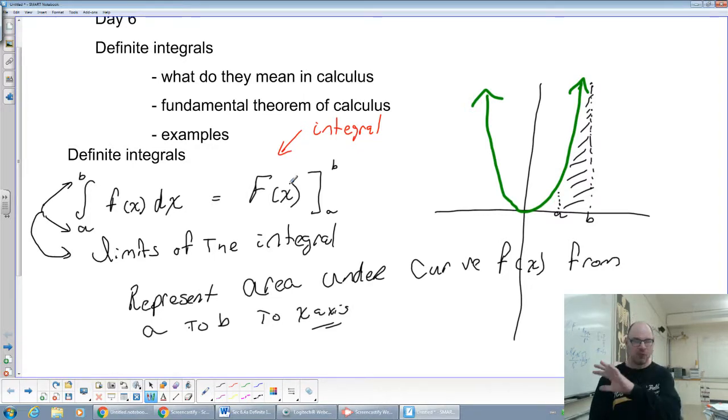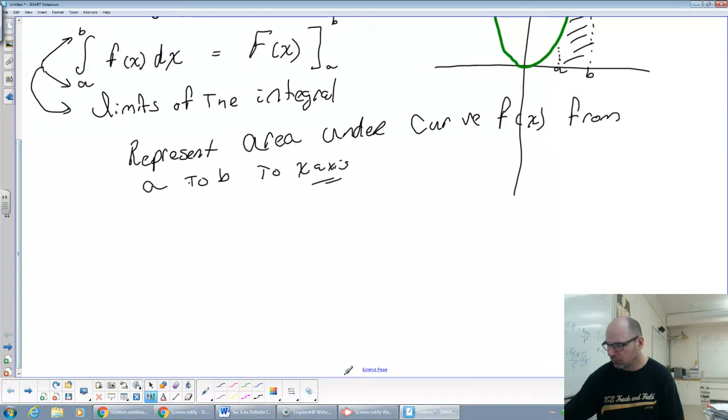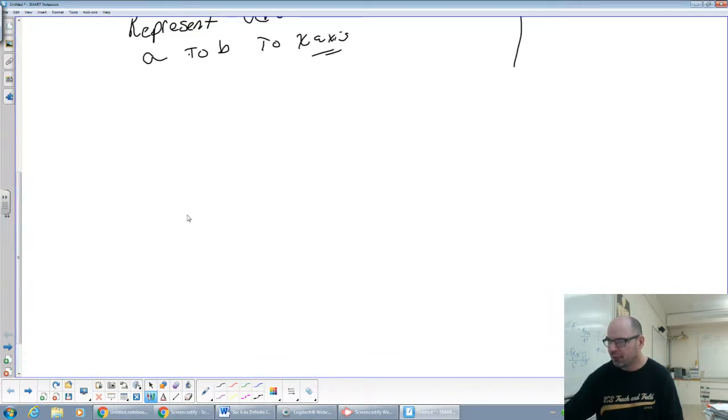So let's use our example here. Let's do an example of y equals x squared. That's what we got drawn on the screen from 2 to 5. Okay, so let's do that example using this idea. We'll do it right underneath here. Simple example.